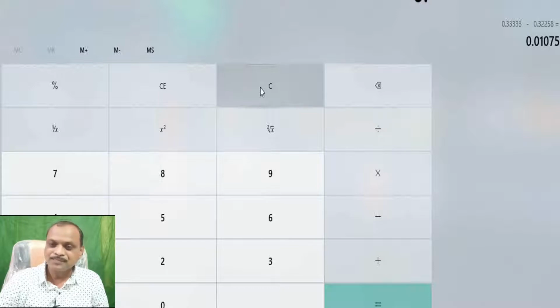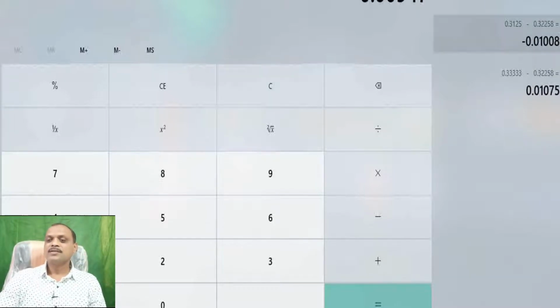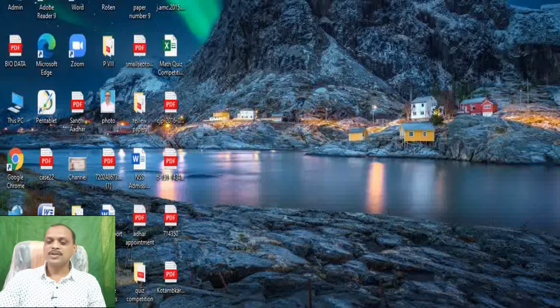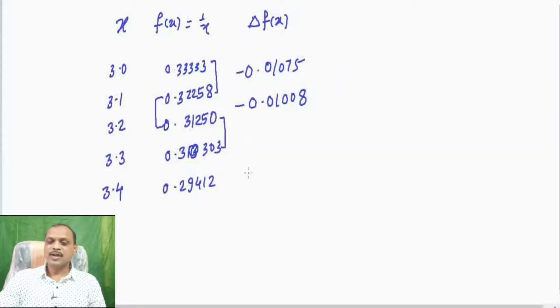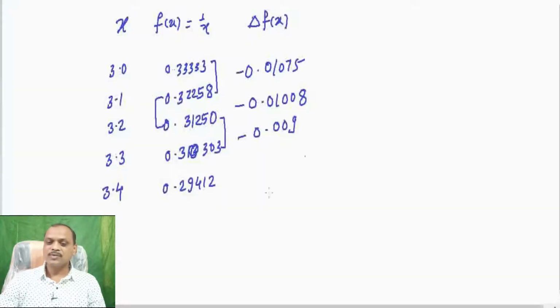The next value is 0.30303, and we are subtracting 0.31250, and it will be, you can see, minus 0.00947.